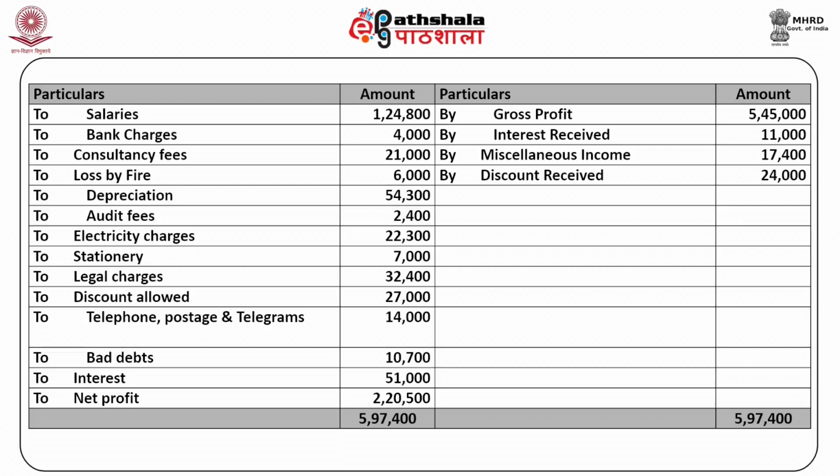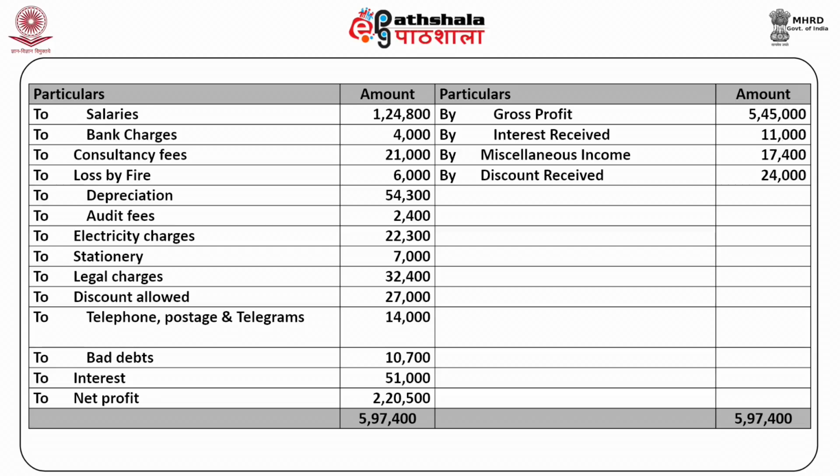On the left hand side, we see all expense items: to salaries 1,24,800, to bank charges 4,000, to consultancy fees 21,000, to loss by fire 6,000, to depreciation 54,300, audit fees 2,400, electricity charges 22,300, stationery 7,000, legal charges 32,400, to discount allowed 27,000, to telephone, postage and telegram 14,000, to bad debts 10,700, interest 51,000.